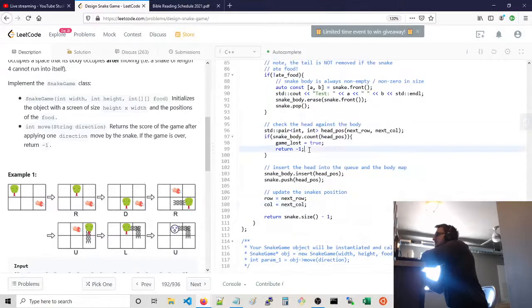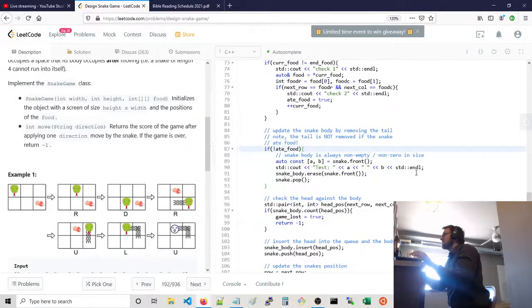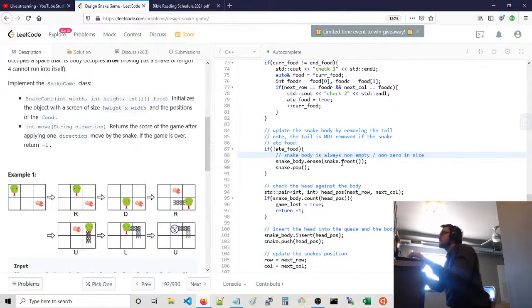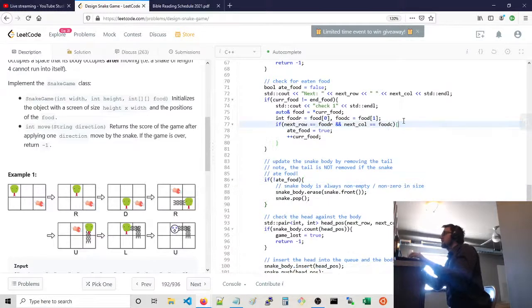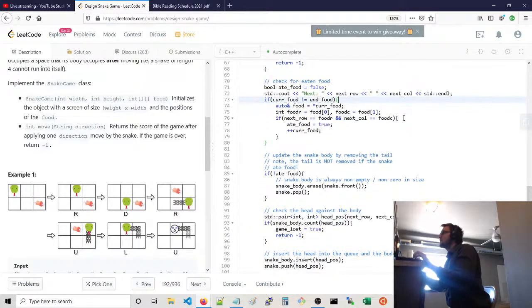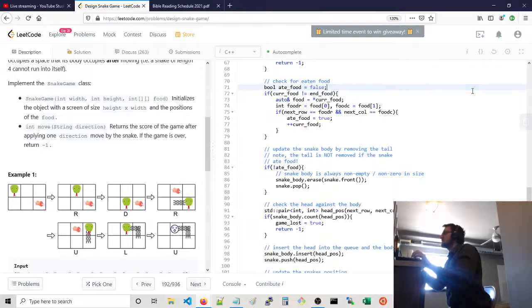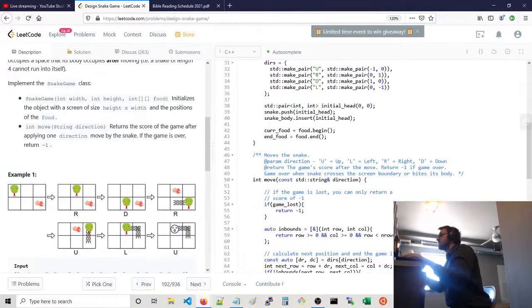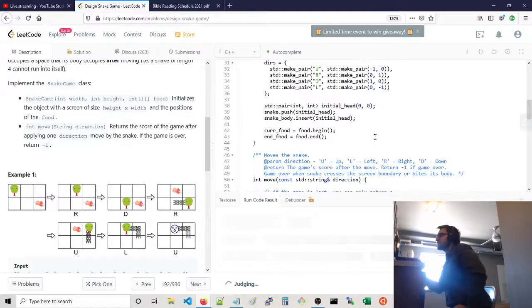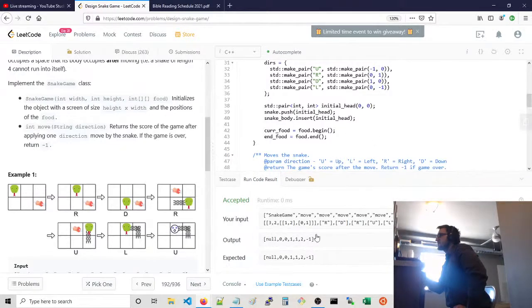I was so excited about all the other pieces, and concerned and interested in all the other pieces. But I totally missed just moving the snake in the first place. The head of where the position of the snake, the head of the snake. No kidding. So this one's correct. Okay.